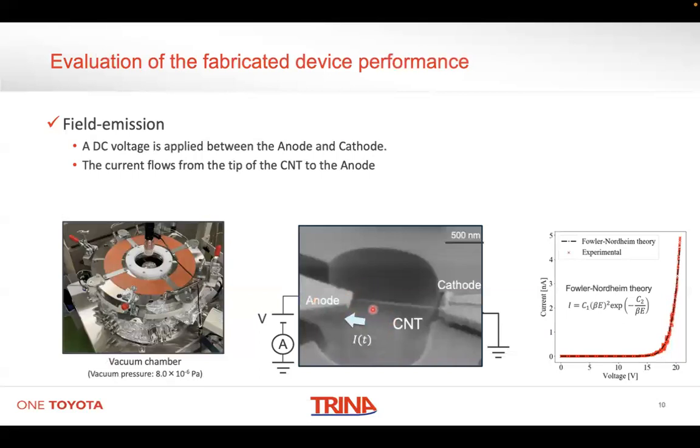This measurement was conducted in a vacuum chamber with a vacuum pressure of this value. The expected result, according to the traditional Fowler-Nordheim theory, is that we can observe exponential behavior in terms of the applied voltage.